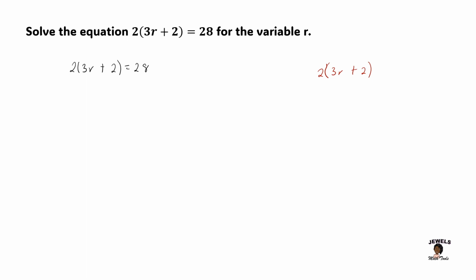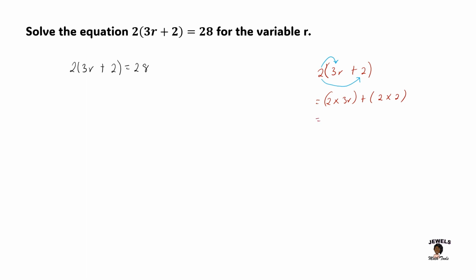So the distributive property tells us that we're going to be multiplying 2 to 3r, and then 2 will also be multiplied to 2. So that means that when we multiply 2 times 3r, their product will be added to the product of 2 times 2.